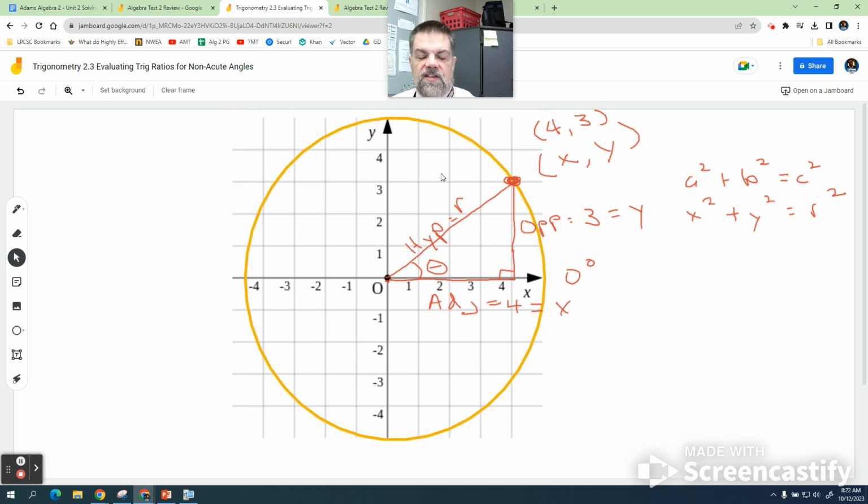We're imagining that this is a circle and this is the radius. That's why we use that term r. But we could also think in terms of opposite squared plus adjacent squared equals the hypotenuse squared.